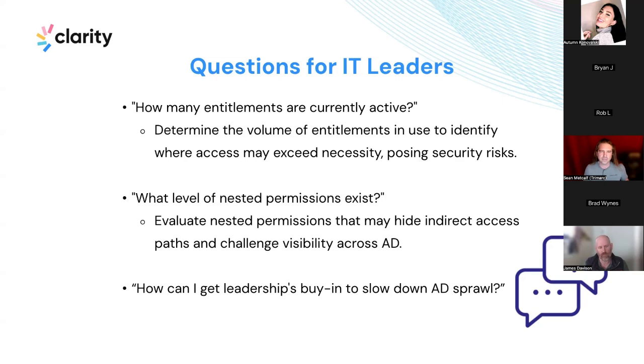And then when you think about, okay, great, I understand how many entitlements are currently active, then what level of nested access is a very intuitive next step, right? How is that all structured? What we look at is we first look at those service accounts that are configured as highly privileged in the environment, ensuring that those service accounts have the correct access. And if they don't, how can those be reduced down to lower levels of access that are not domain admins, for example?